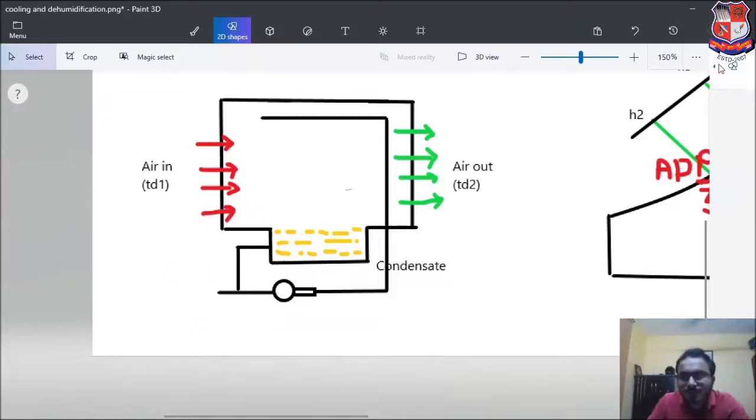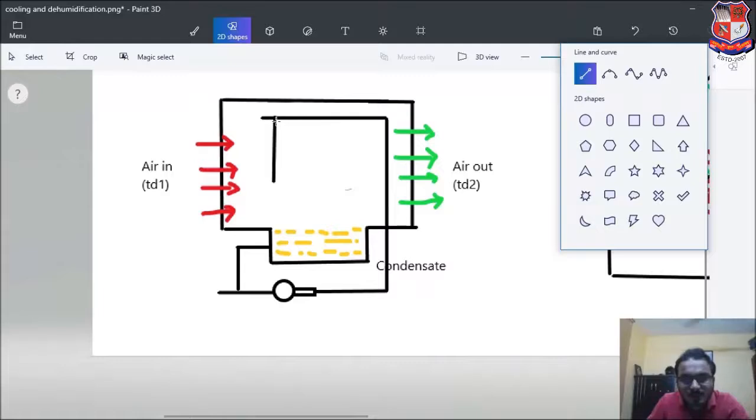Like this. So this is actually water arrangement, and at the top we will have sprays.